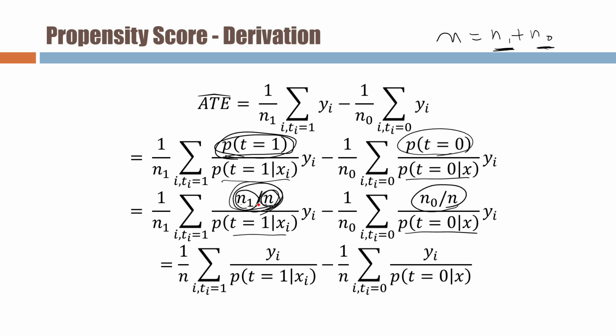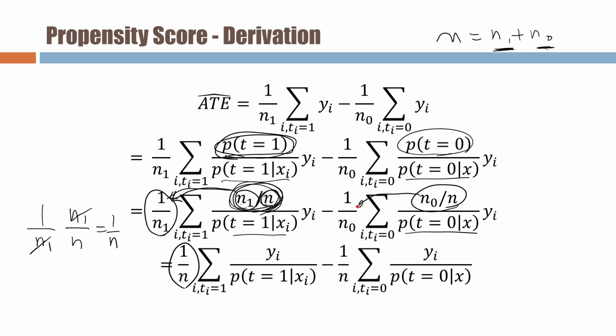And then if you take this one out, what you're going to have is the n. This will be 1 over n1, and this comes out as n1 over n, right? So this cancels out, and this one will become 1 over n. So when this comes out together, it will become 1 over n.